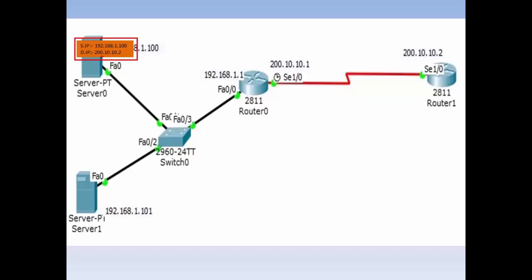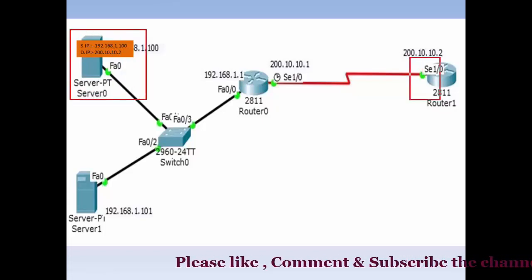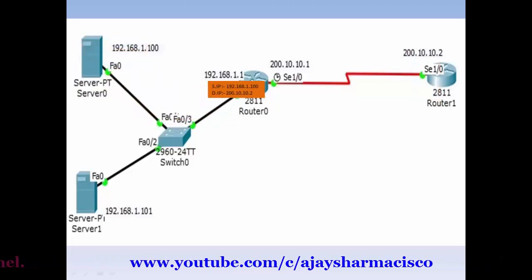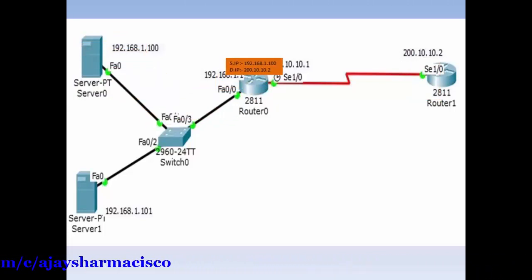So when packets start from here and need to travel to another network residing somewhere here, the source IP is 192.168.1.100, the IP of this particular machine, and the destination IP is this particular one. The source IP is right now a private IP. 192, if you remember, comes under the private IP series.